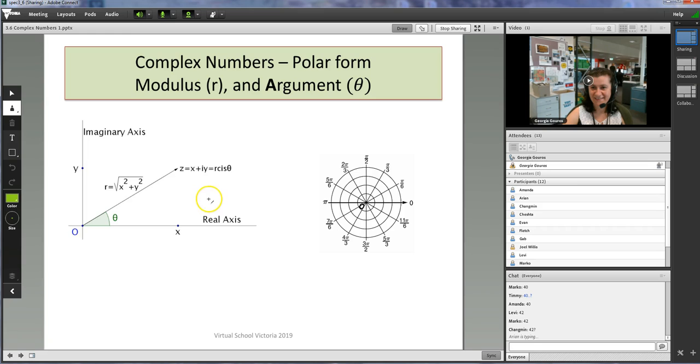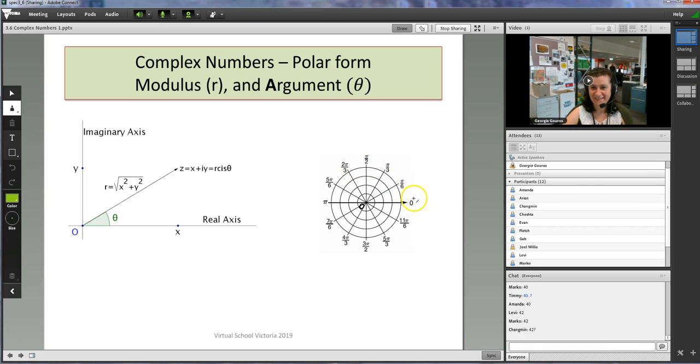Okay, so let's have a look at that again. We have to keep in mind all the exact value ratios that we learnt about in our circular functions. We still need to know those, and how do they relate to arguments, for example. So we've got all the different angles here labelled: pi on 6, pi on 3, pi on 2, 2 pi on 3.